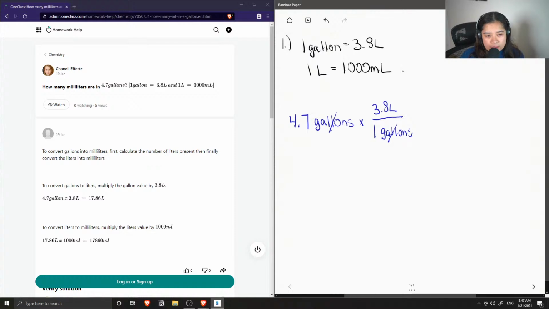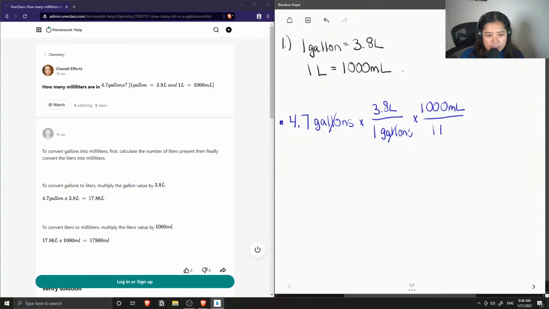So now we'll have an answer in liters, but the question asks for the answer in milliliters. So we can do this in the same step, just by multiplying again by our conversion factor, and our desired units for milliliters will be on top, so 1,000 milliliters. And then our units that we're trying to get rid of is at the bottom.